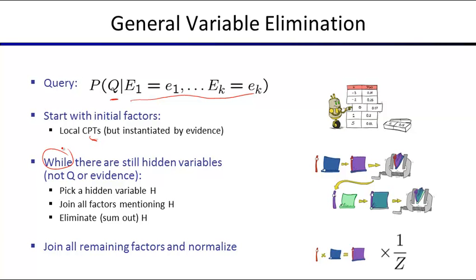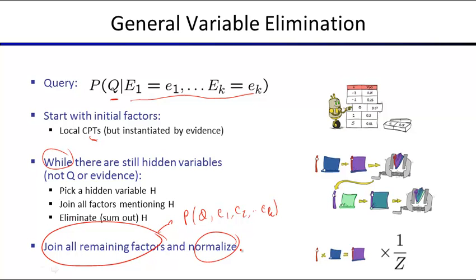That's possible. These factors will only have evidence variables and query variables in them. At that point, you join all the remaining factors together. The result here is P(Q, E1, E2 through EK). You normalize. Once you normalize, you get out the answer to the query, which is P(Q given E1 through EK).